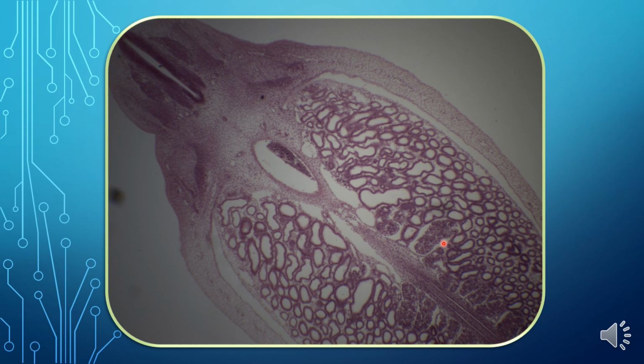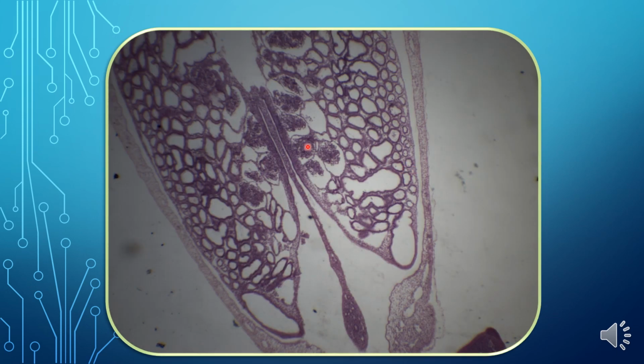This is the mesonephric glomeruli, and this is the mesonephric tubules. Mesonephric glomeruli, mesonephric tubules, mesonephric duct.